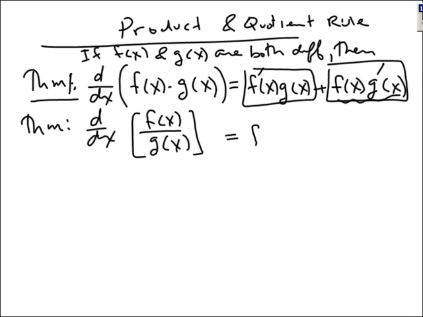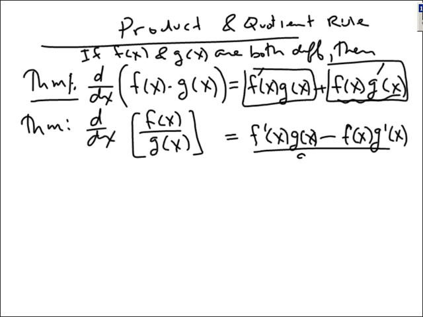The numerator is pretty much exactly the same as the product rule derivative. Exception being, there's a minus in the middle. And you have to divide by whatever the denominator is squared. There it is.